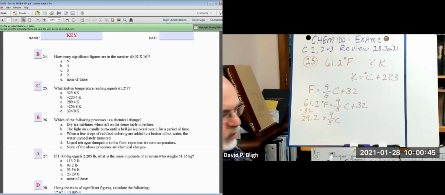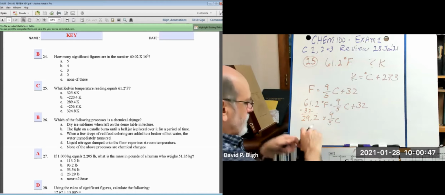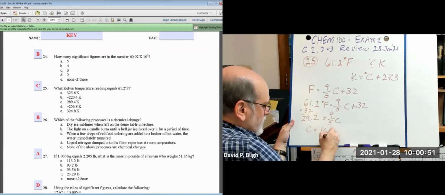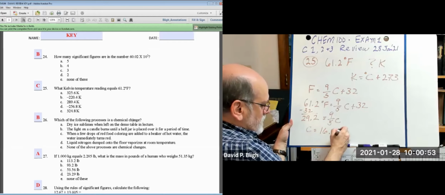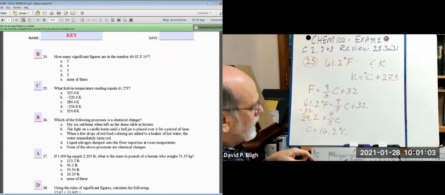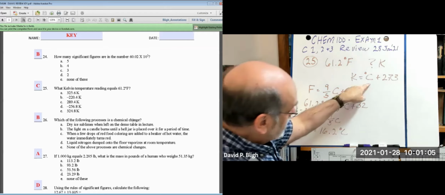I get 16.2, right? So C equals 16.2 degrees centigrade. Yeah, that's reasonable. So now we take this one and plug it in here.